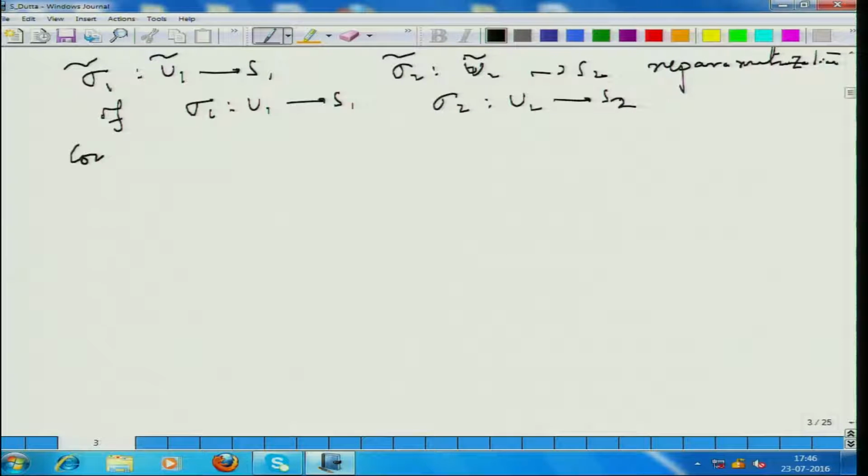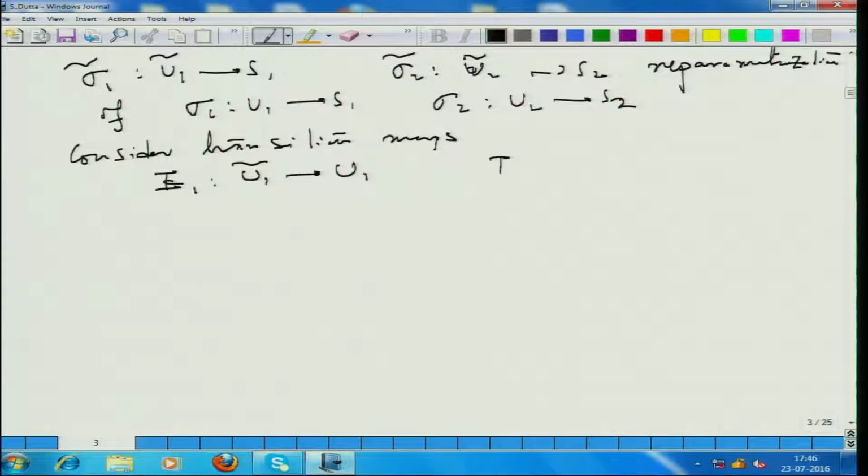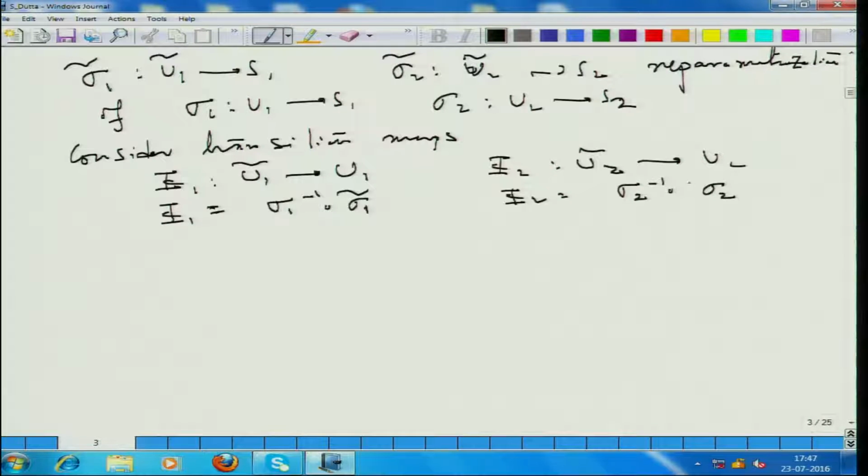Then consider transition maps phi 1 from U1 tilde to U1 and phi 2 from U2 tilde to U2, where phi 1 as usual is given by sigma 1 inverse composed with sigma 1 tilde, and phi 2 is sigma 2 inverse composed with sigma 2 tilde.